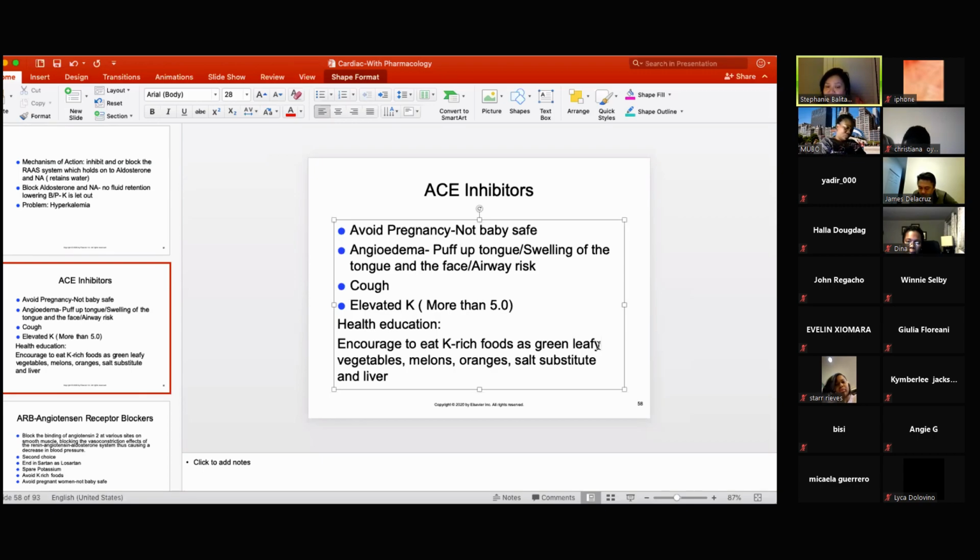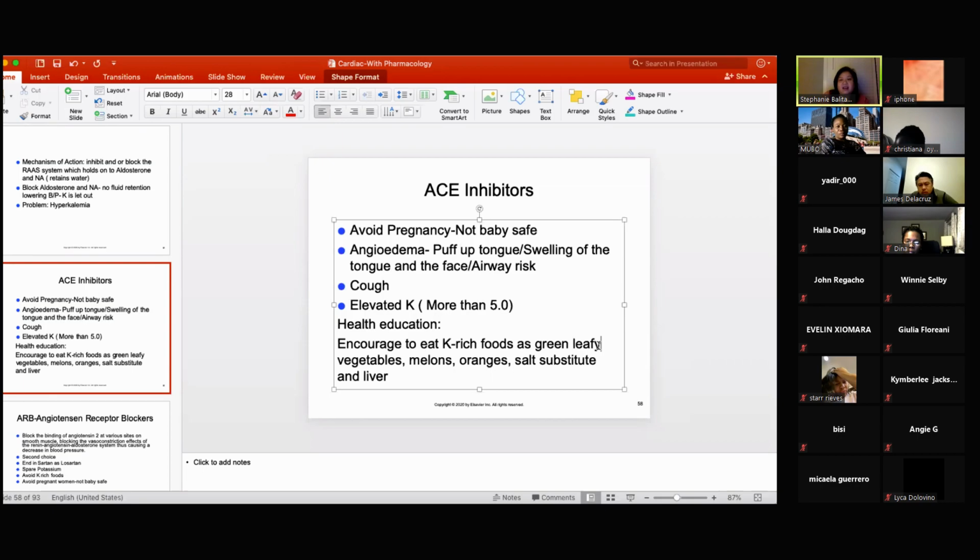Remember, potassium levels that are more than 5.0, you have to worry about those levels. How much is the normal potassium level? 3.5 to 5.0. So any potassium level that's more than a 5.0, you have to worry about.